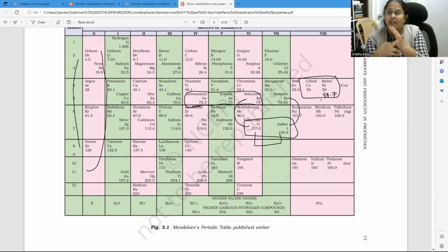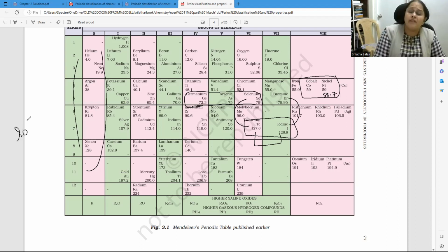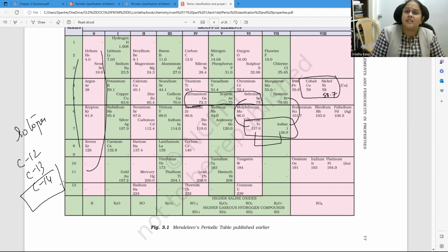Clear? And what are other demerits here? The demerit is that isotopes don't have a proper place here. If I take isotopes of carbon, carbon 12, carbon 13, carbon 14, and I have to place carbon 14, where should I place it? 14 is a position given here.